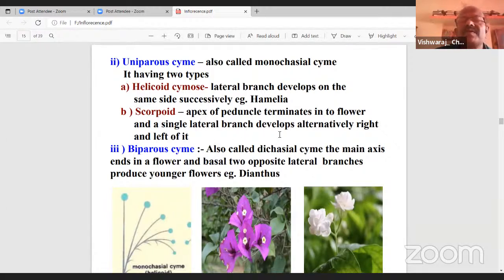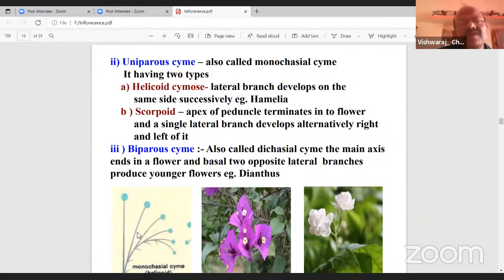In scorpioid, the apex of the peduncle terminates into a flower, and a single lateral branch develops alternately on the right and left of it. The apex terminates in a flower and produces one branch on this side, then again on that side, in a zigzag type.